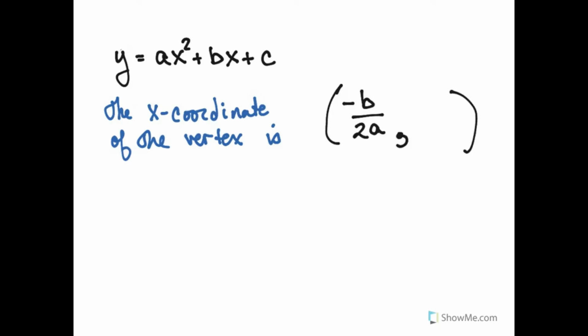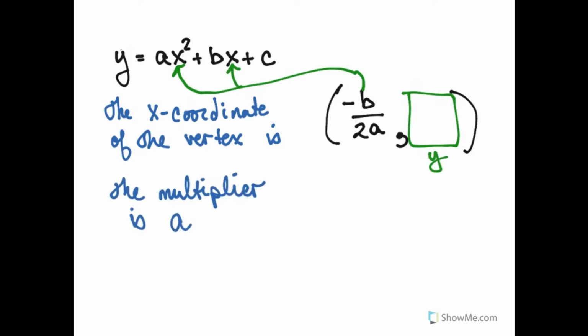Now how do I find the y-coordinate of the vertex? Well, I just have to fill this value for x into the equation to find what y is equal to. The a in front of the x squared acts just like the capital A did in front of the other form of the equation, so a is going to tell whether it's opening up or down and how wide or narrow it is.